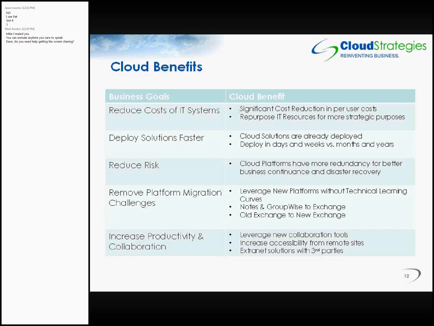And of course, the increasing of productivity and collaboration. When you have folks leveraging a solution like Intune as an example, they're up and running much more quickly because they get support at home, from the headquarters, much more quickly than they would in a traditional alternative scenario.